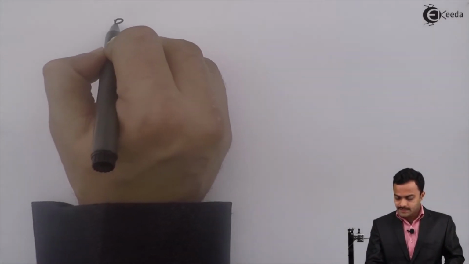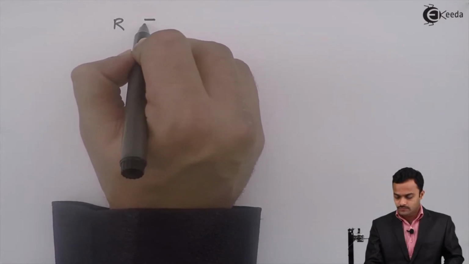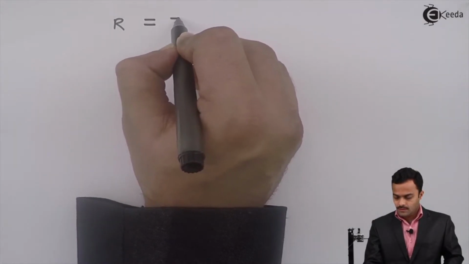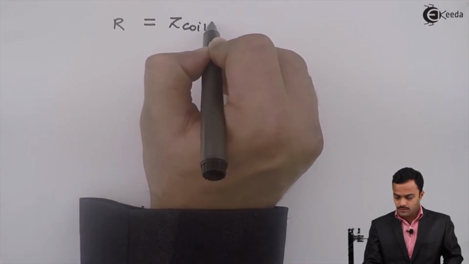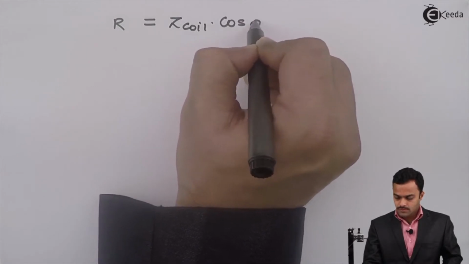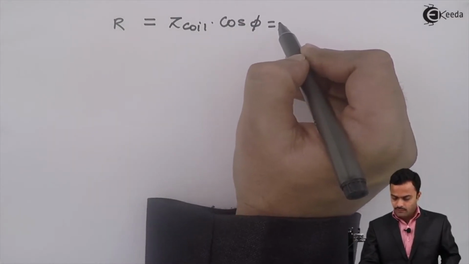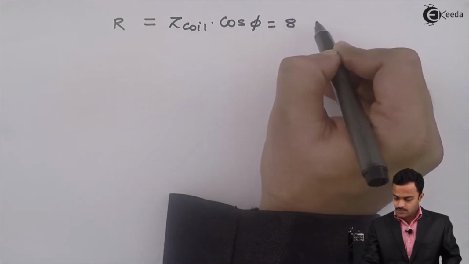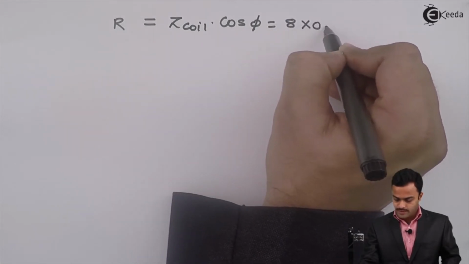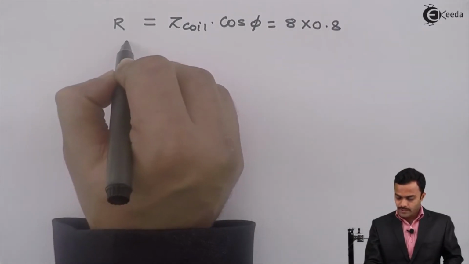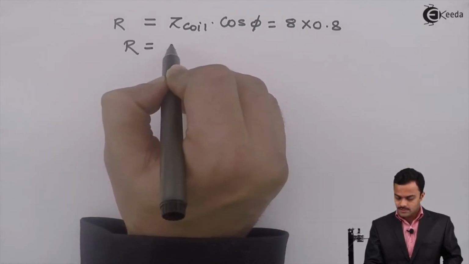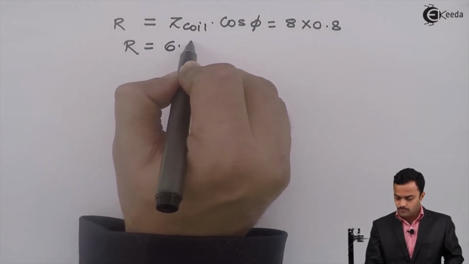So resistance in this case equal to Z coil into cos phi. Z coil we obtained as 8 and cos phi is 0.8. So I am getting the resistance value as 6.4 ohm.